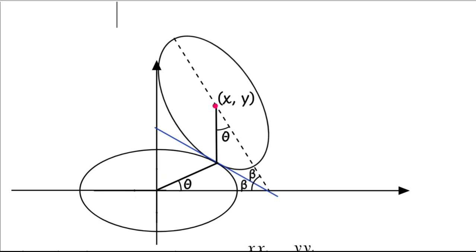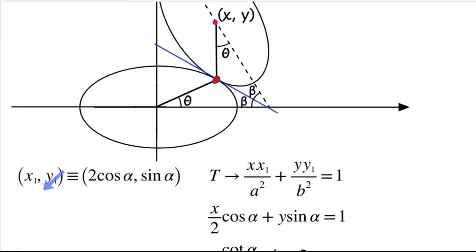Now we should write the equation of the tangent at any particular instant. Let's say this point here is the point of contact, and I have taken the coordinates of this point of contact in parameter form. So x1 and y1 at the point of contact are nothing but 2 cos alpha and sin alpha.